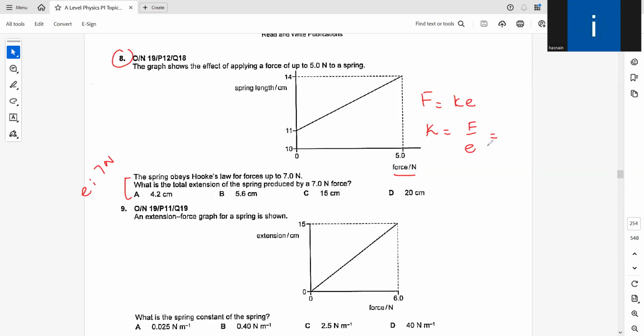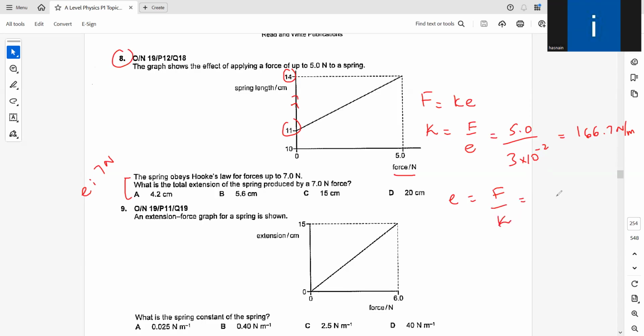So let's first find out the spring constant. Force is 5 Newton and extension from 11 to 14 is 3 centimeters, that's 3 exponent minus 2. So the spring constant is 166.7 Newton per meter, right? Now they want us to find the extension. The formula for extension is force over spring constant.